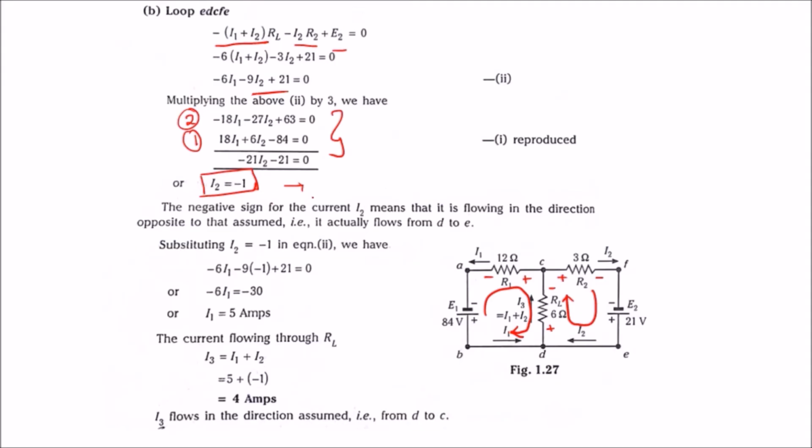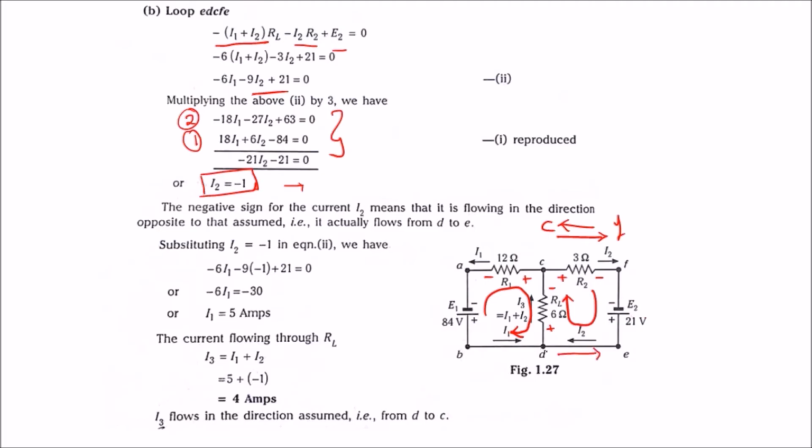So the negative sign of the current I2 means that it is flowing in the direction opposite to the assumed one. Here you can see I2 is drawn from C to F, but actually it is flowing from F to C as it is negative. Here also it is flowing from D to E as it is negative.